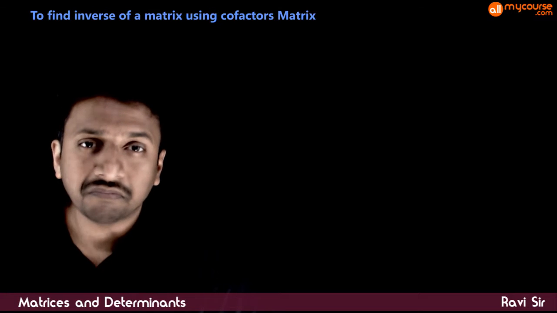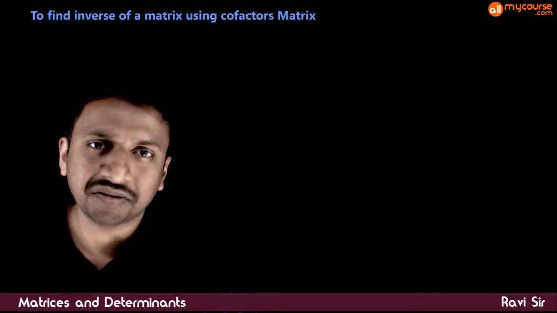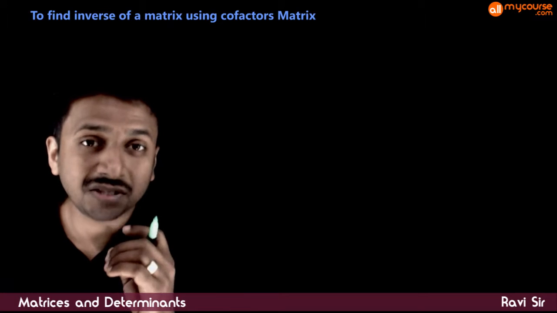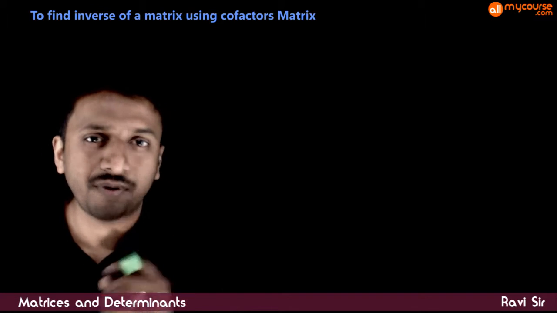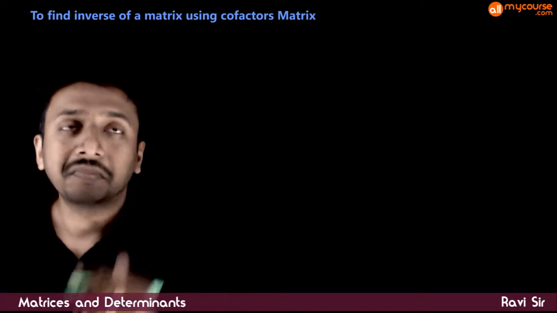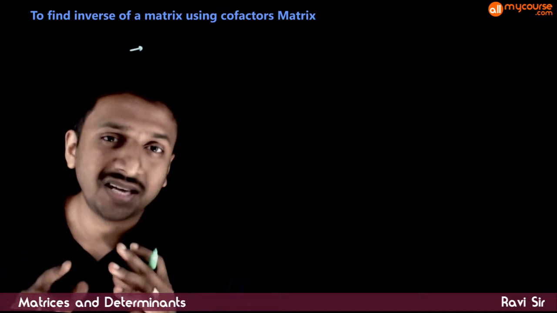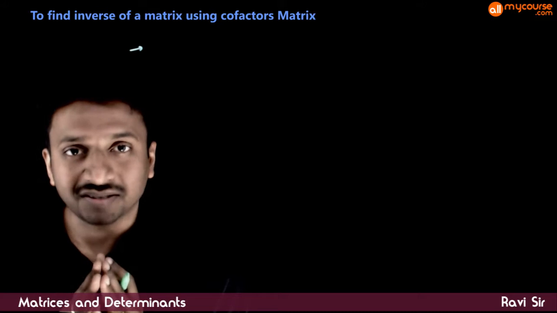In this video, let us look at a very interesting process of finding the inverse of a matrix using the concept of cofactors matrix. We have already seen what the inverse of a matrix is.